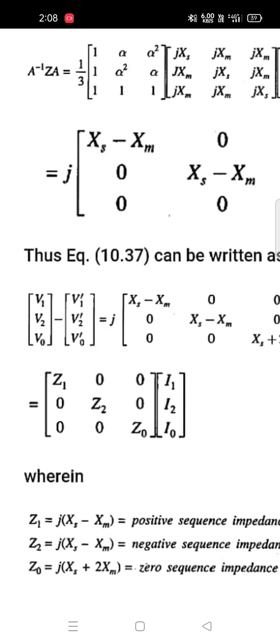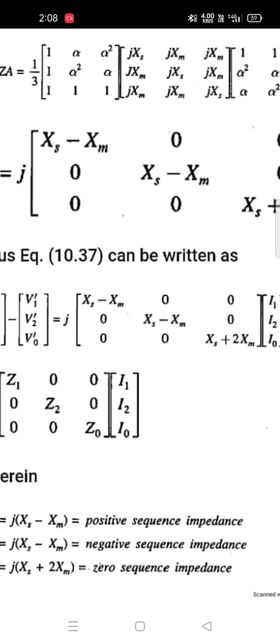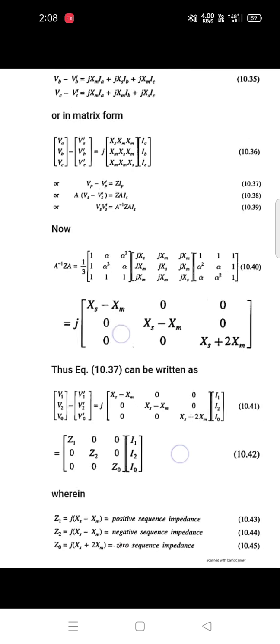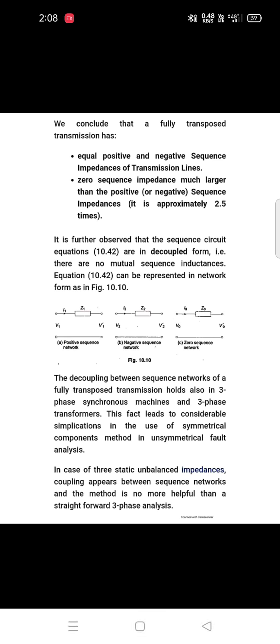Similarly Z2 is also j into XS minus XM, the negative sequence impedance, and Z0 is the last term, j into XS plus 2XM, which is the zero sequence impedance.